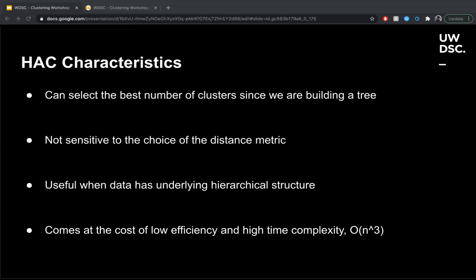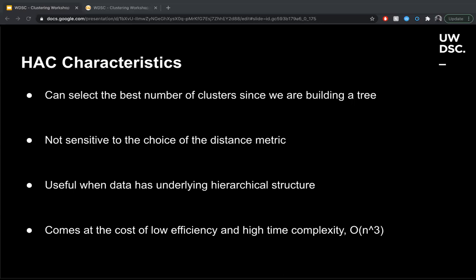In terms of applications, it's useful when data has underlying hierarchical structure. Connectivity-based clustering is very unique compared to the other methods, and it still has a lot of applications. That's why it's so popular. The big drawback of connectivity-based clustering and HAC is that it comes at the cost of low efficiency and very high time complexity, so it has limited scaling.